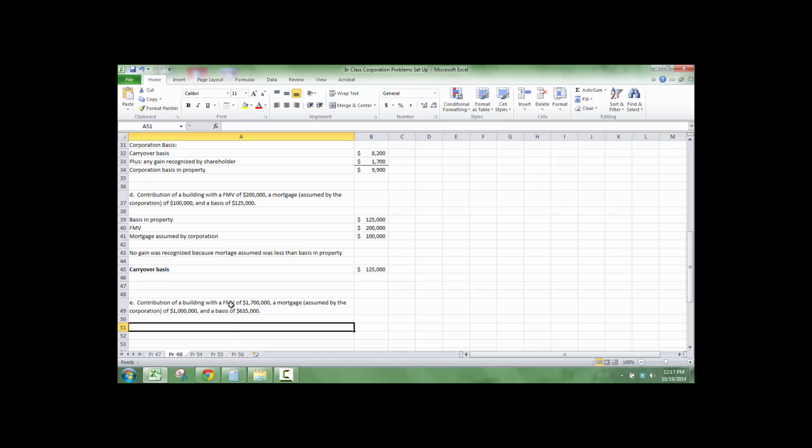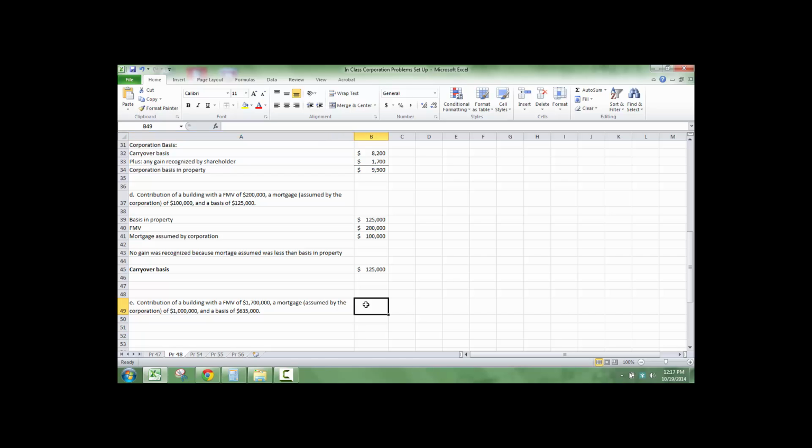All right, and our final one, we have the contribution of a building with a fair market value of 1.7 million, and a mortgage assumed of 1 million with a basis of 635,000.